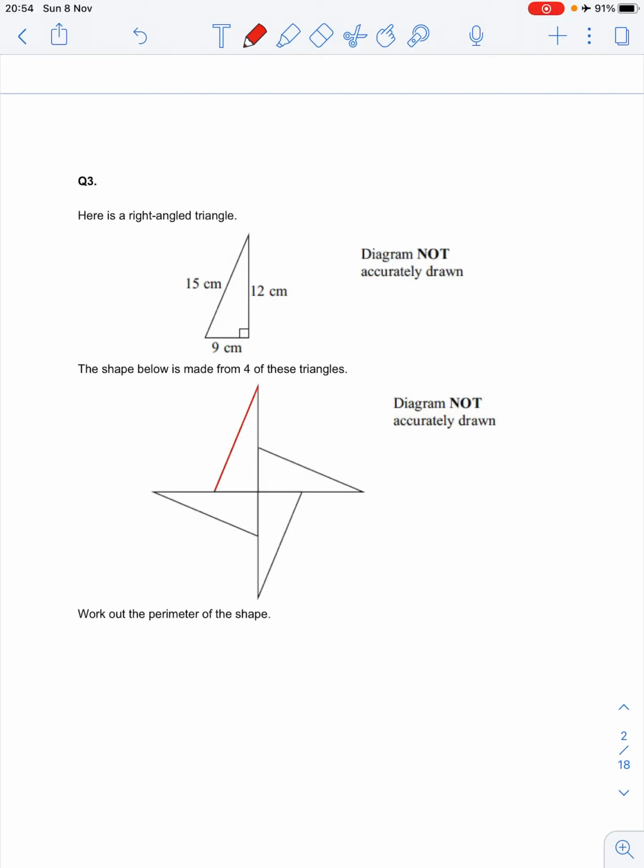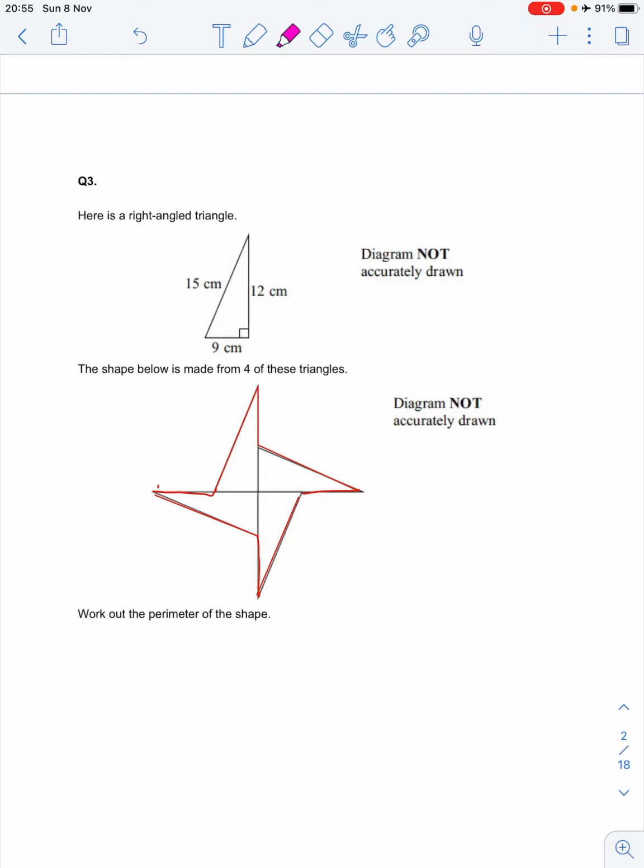The part I drew in red is the perimeter of the shape.